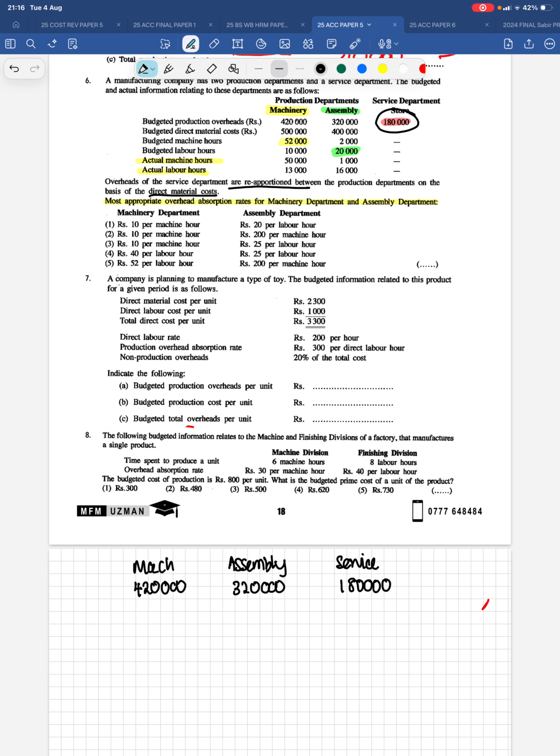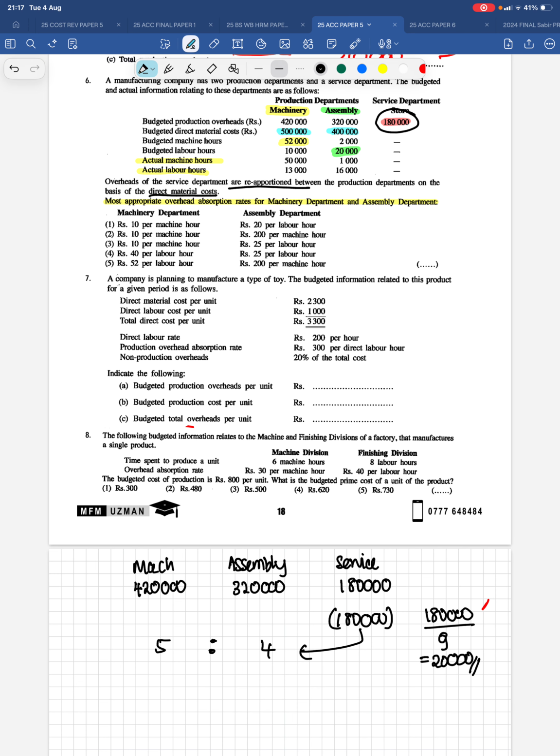The direct material cost is 500 to 400, so 5 to 4 is the ratio. We should divide the 180,000 in the ratio 5 to 4, which means 9 portions in total. One portion will give you 20,000.